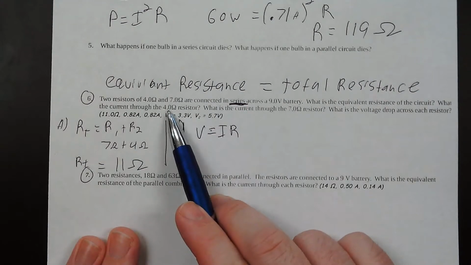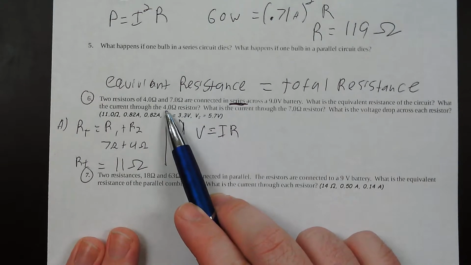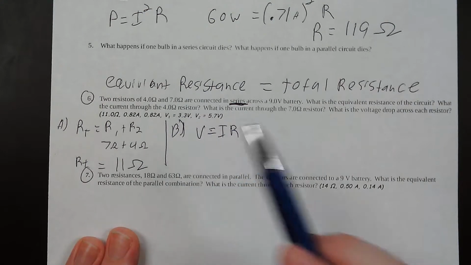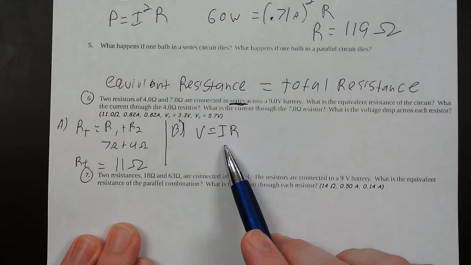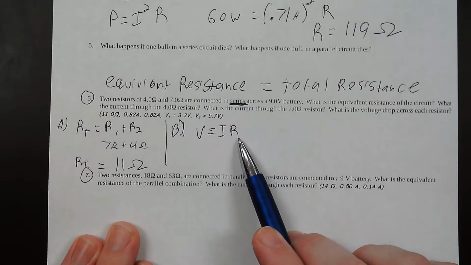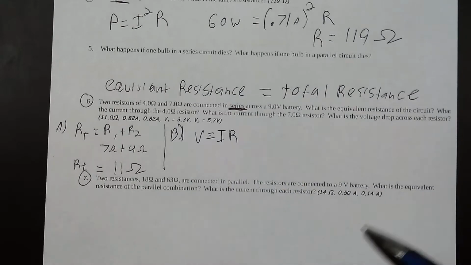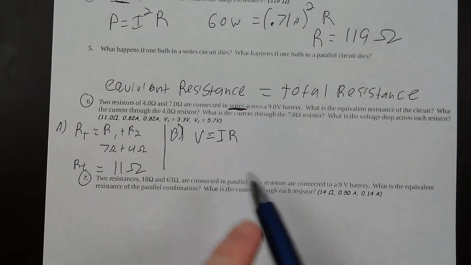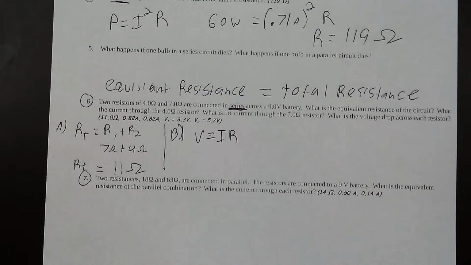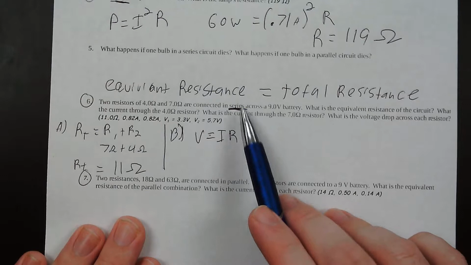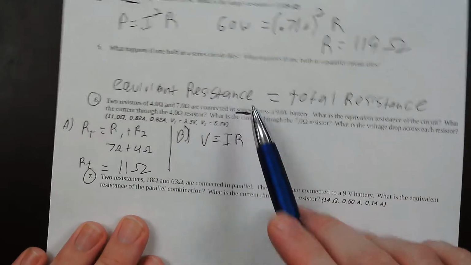So let's say we want to know the current through the 4 ohm resistor. That would be the voltage across the 4 ohm resistor, the current across the 4 ohm resistor, and then the resistance of the 4 ohm resistor. Applying it specifically to one component versus the entire thing, okay? That said, because it's a series circuit, there's a shortcut we can take.